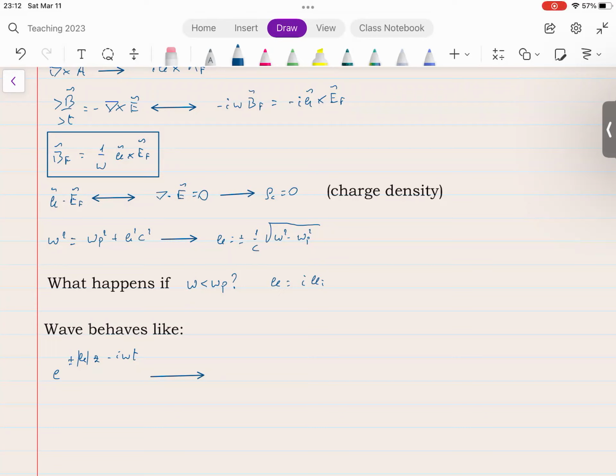And this type of wave is called an evanescent wave. So it will just go to zero, like e to the minus kx, or ky, depending on in which direction is the direction of transmission.